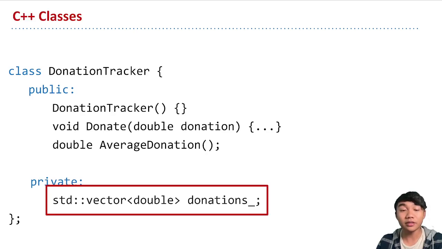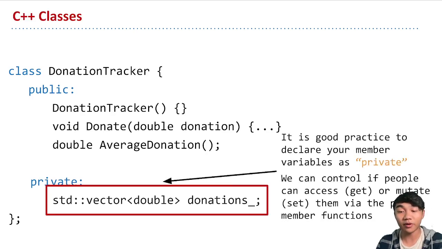In general, it's good practice to keep the member variables private so that we don't risk allowing people to access the underlying state. If we want to allow people to make changes to the state, we generally can use public member functions called getters and setters that allow us to access or mutate an object's state. That way, we can explicitly define in our public interface that people can make a change to the state if we want them to.